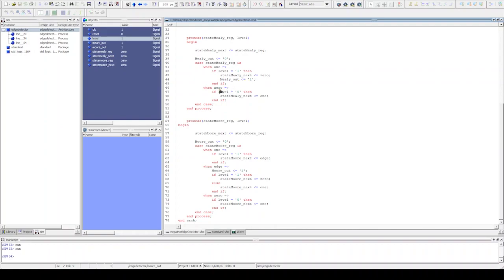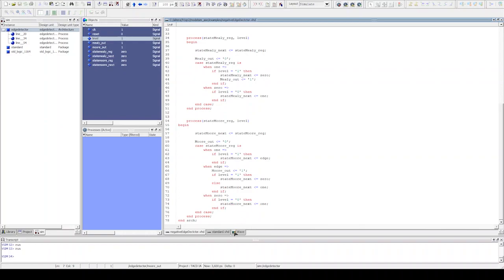If the current state is 0 and the transition symbol is 1, the next state is again 1. For the Moore machine, again we register the state as the next state for the current state, and Moore out is initially 0 when the current state is 1 and the transition symbol is 1. If the current state is edge and Moore out is 1, the transition symbol is 1 and the next state is 0, else the next state is 1. If the current state is 0 and the transition symbol is 1, the next state is 1.